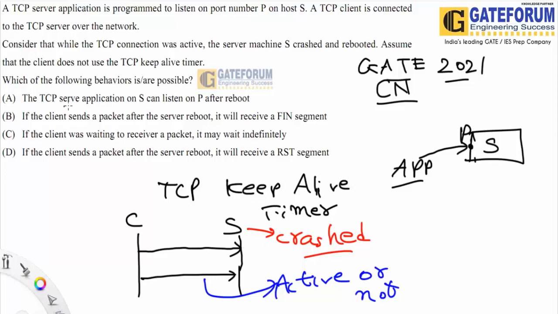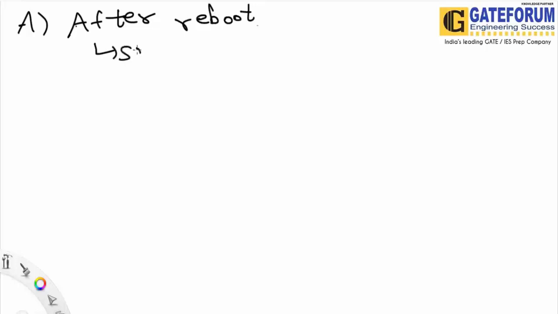The first option is: a TCP server application on S can listen on P after reboot. Yeah, it is possible. Why? Once the reboot is done, some services of S would start automatically.